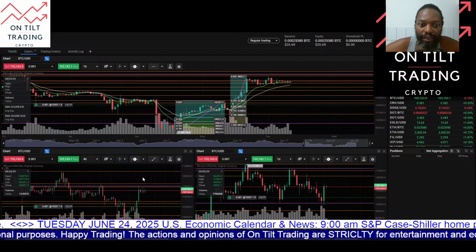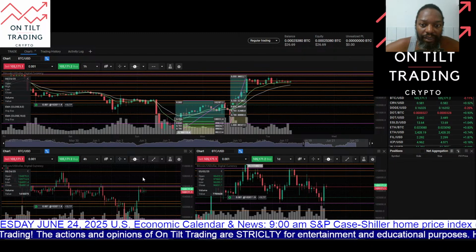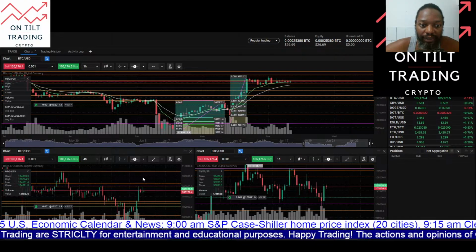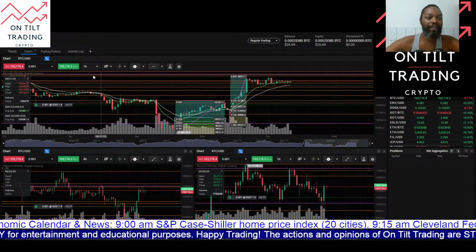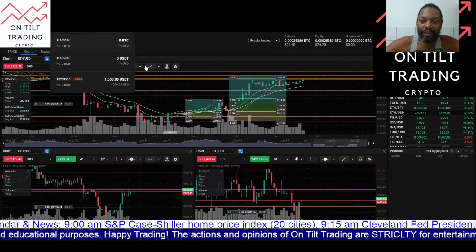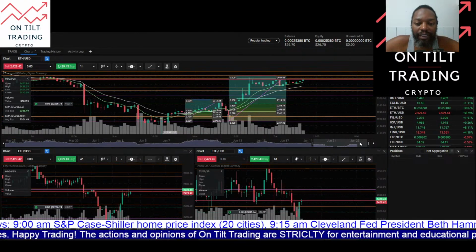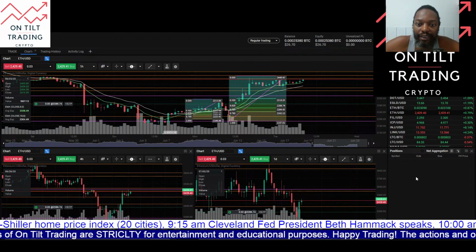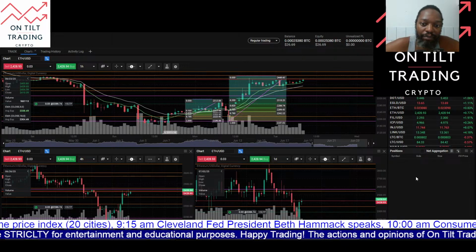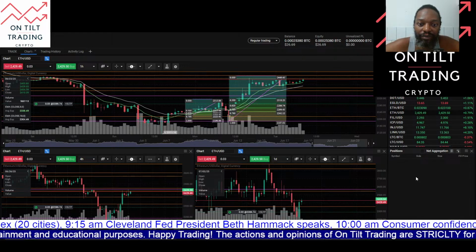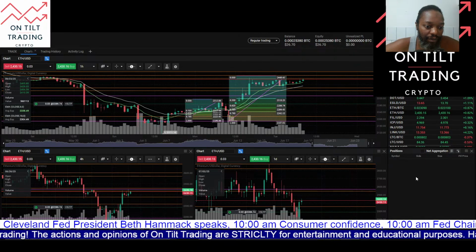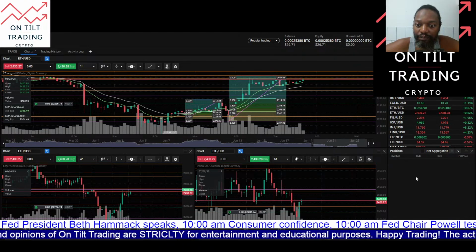So mostly just consolidation, but with the range that was put in yesterday, not surprised to see the market, I would say slow down, or perhaps need to take a breather before deciding where it wants to go next after the range that's been put in here.